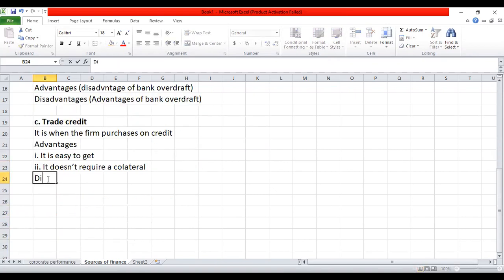Disadvantages: it is expensive compared to a cash purchase.